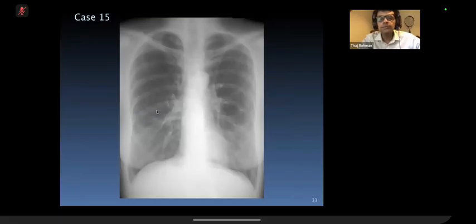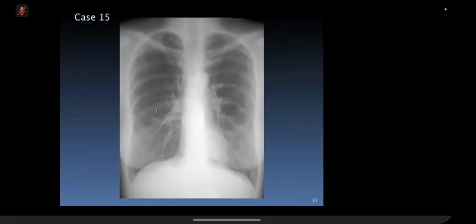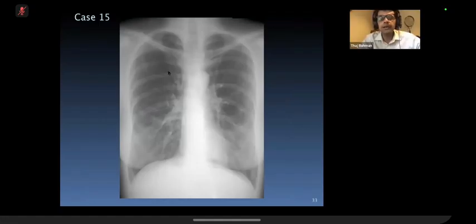Next one. This is a frontal chest radiograph of an adult patient, female. I think the lungs are overinflated, and there are areas of probably emphysematous change to the upper lobe. You can ignore the lungs, the bones and soft tissues.